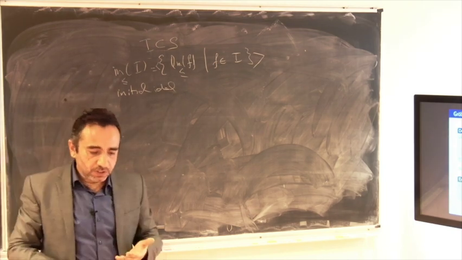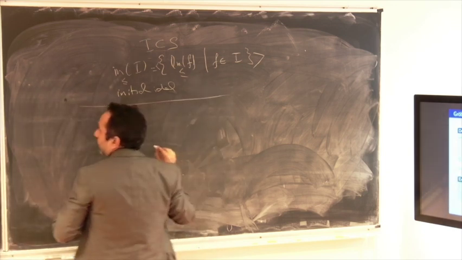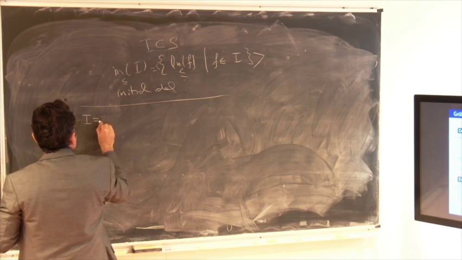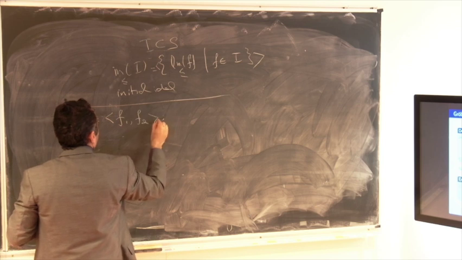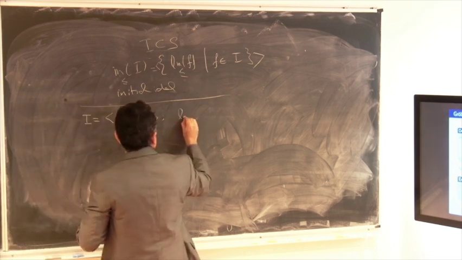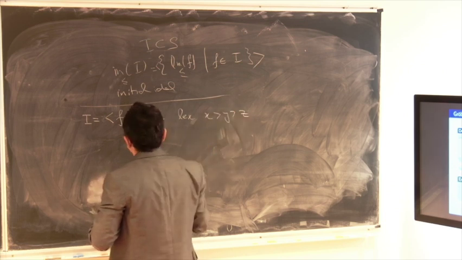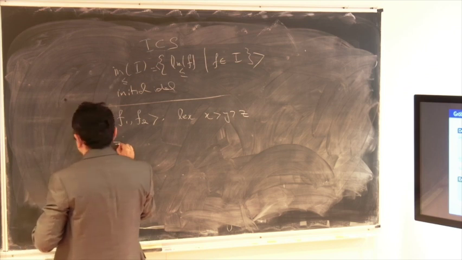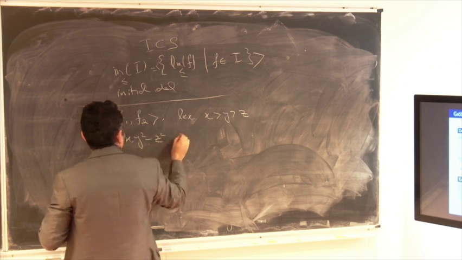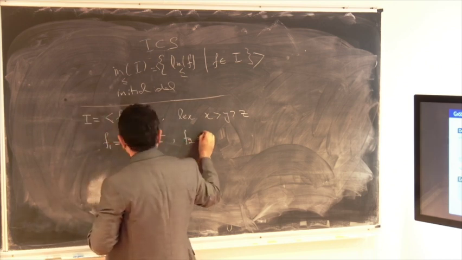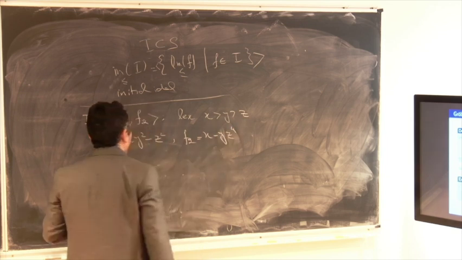But it is not easy to compute the initial ideal. For example, if you have an ideal I generated by F1 and F2, with lexicographical ordering where x is greater than y greater than z, and F1 is given by x y squared minus z squared, and F2 is given by x minus y z to the fourth, for example.